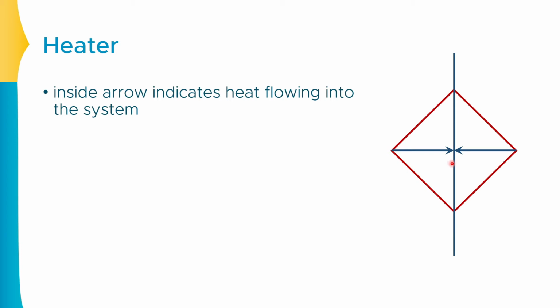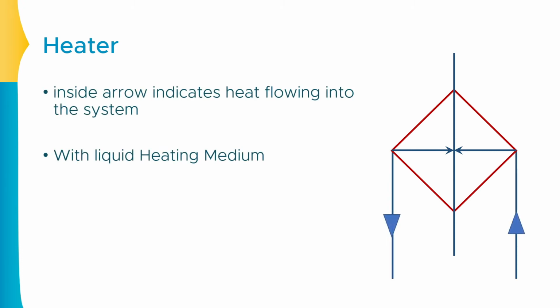Now in the heater, if the heat is sent with the help of a liquid medium, in that case you need to represent these lines. This line indicates that the flow is coming inside and the flow is going outside. Over here there is a heat exchange taking place. Then this specific arrow shows that the liquid medium is used for the heating purpose because the arrow is completely blocked.